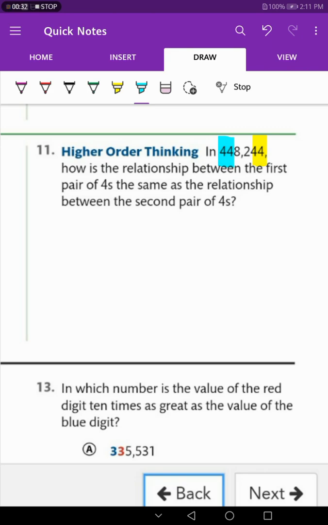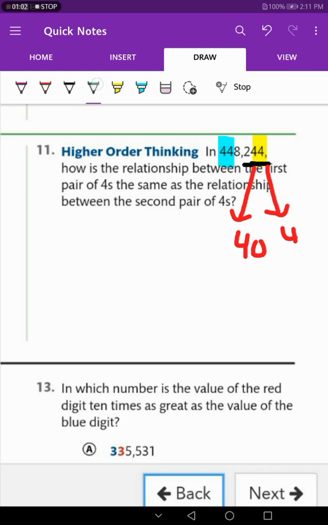First, let's discuss the first pair of fours. The first 4 is 4. The second is 40. What is the relationship between these numbers, Rayan? Multiply by 10. Yes, correct. So the 40 is 10 times the 4.